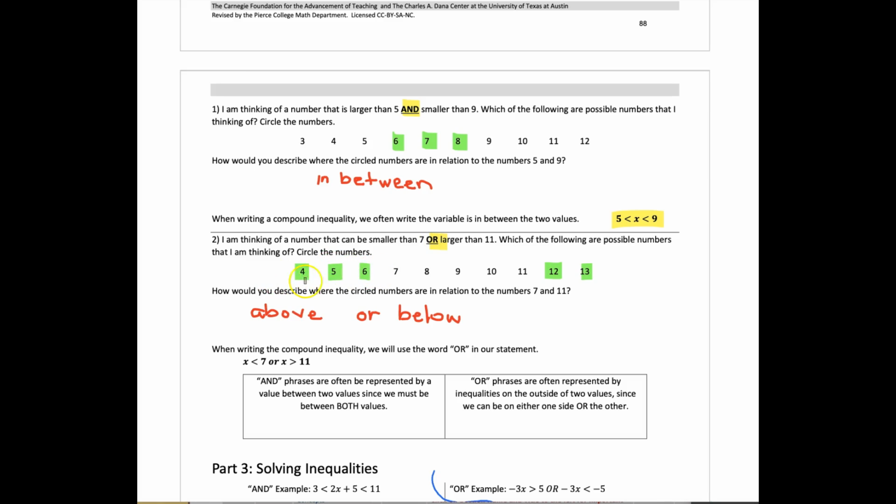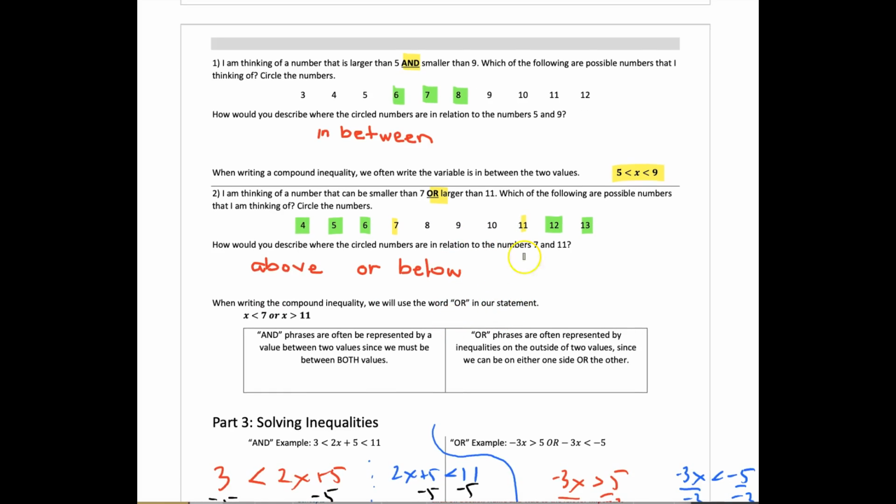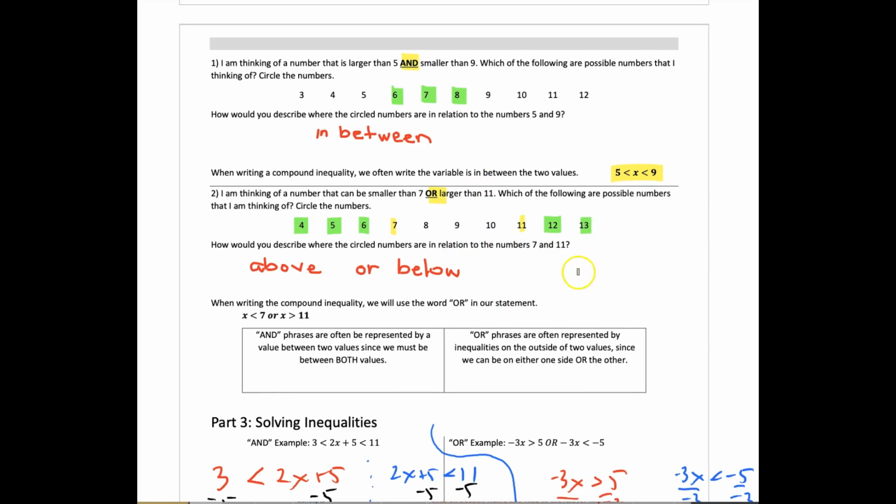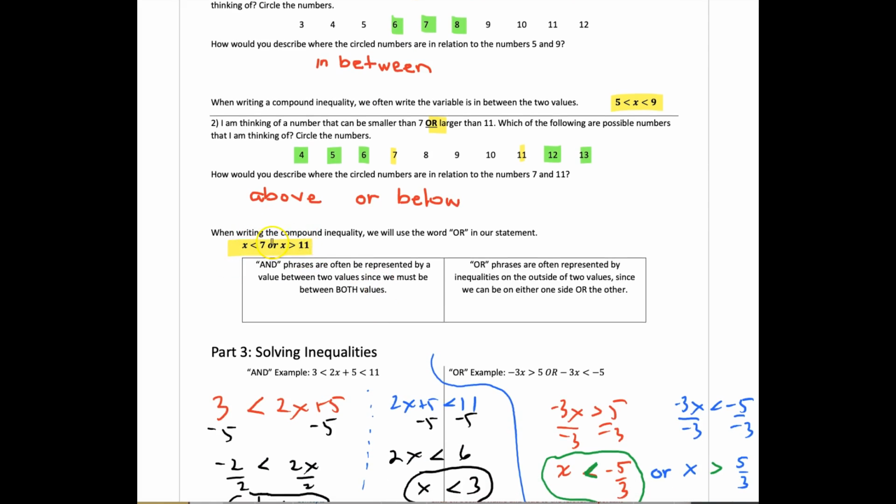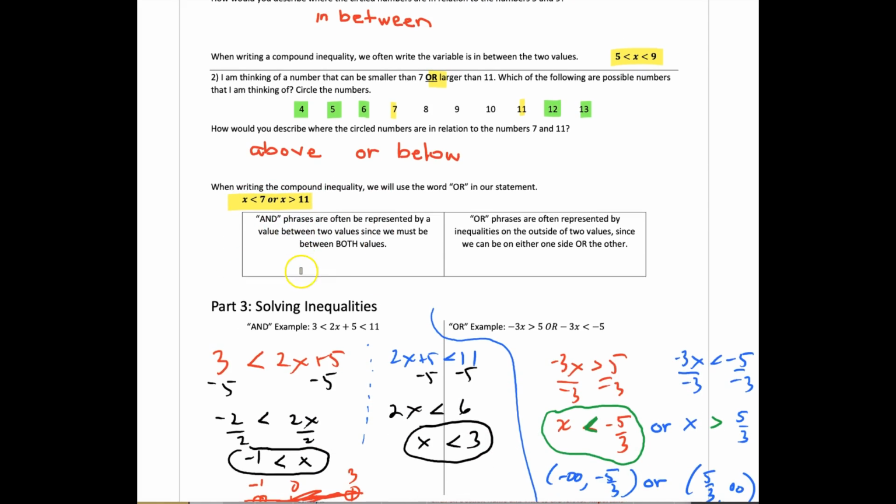One's above and one's below, or one's to the left and one's to the right of the 7 and 11. These are compound inequalities, and that's how you would write it: x is less than 7 or x is greater than 11. x does not satisfy both. You have an "or" in those cases.